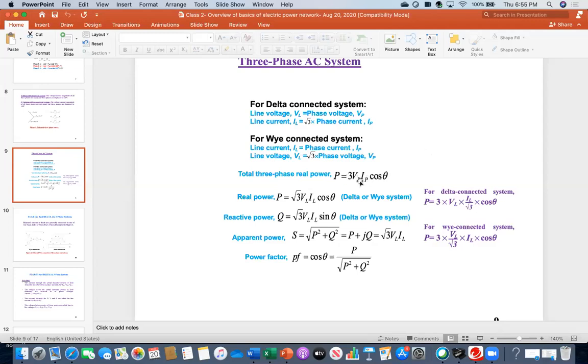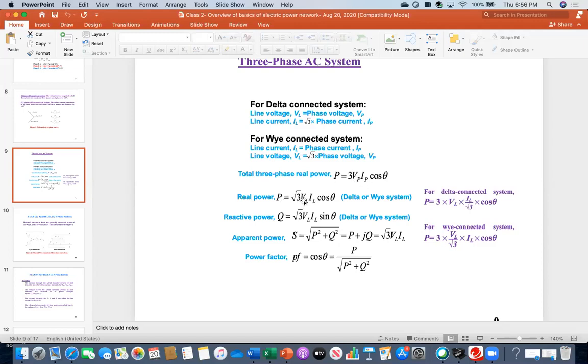But here you see, I have used the terms Vp and Ip to indicate phase voltage and phase current. But in real practice, voltage and current quantities are expressed in terms of line voltage and line current. For example, you purchase a three-phase motor and look at the nameplate or its rating, and you will notice it says line voltage 208 volt, line current is this, temperature is this, frequency is 60 Hz, etc. Always the voltage and current will be expressed in terms of line to line quantity, not phase quantity.